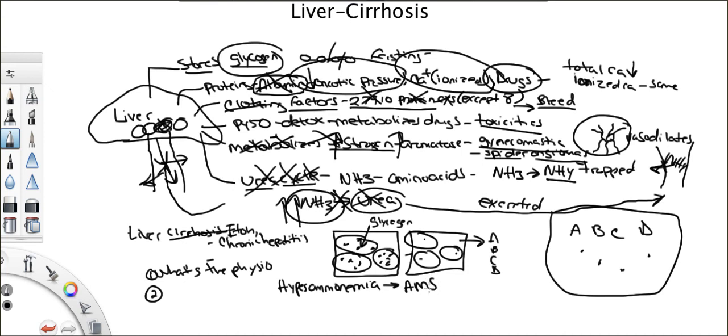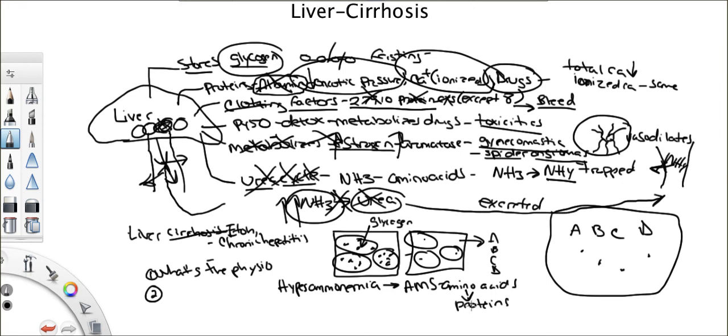It causes altered mental status. So that's why patients with cirrhosis come in confused, lethargic, delirious, all these things because of high ammonia levels. You always check an ammonia level in a patient with cirrhosis, right? Now again, where is ammonia produced? Well, from amino acids. Where do amino acids come from? Proteins, right? And we eat proteins a lot.